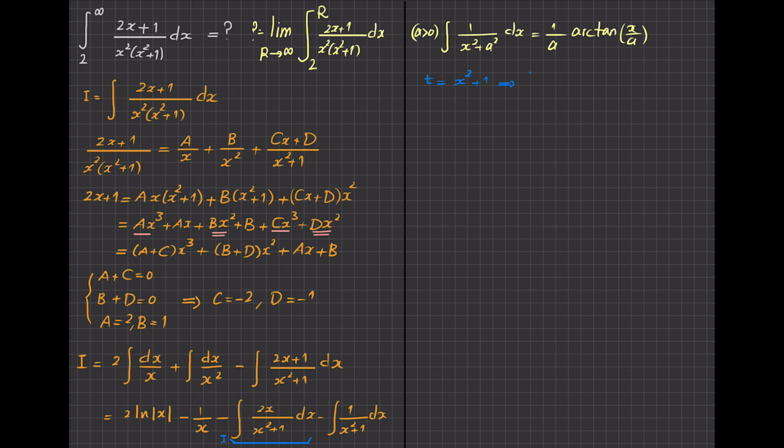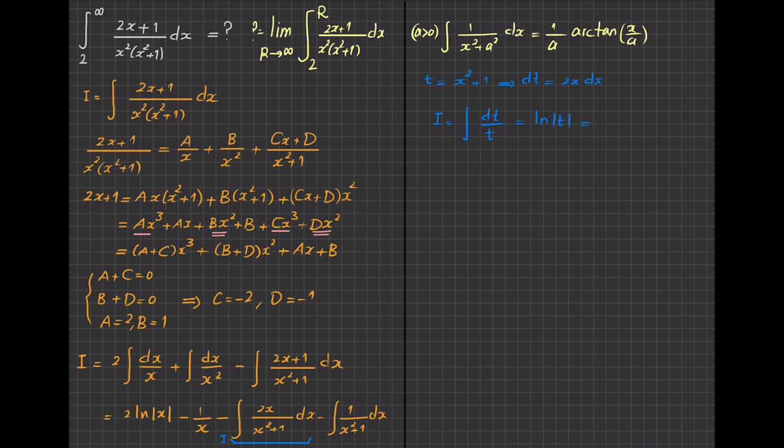I differentiate both sides, dt becomes 2x dx, so the integral I becomes the integral of, instead of 2x dx, I put dt, and instead of x squared plus 1, I put t. So what I get is dt over t, which is simply ln of absolute value of t.